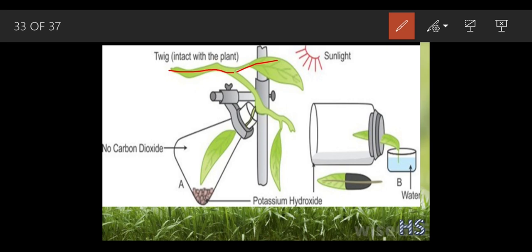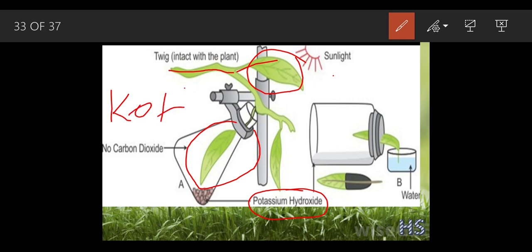See, one of the leaves, this part, I am exposing to the sunlight, and the second one I am also exposing to sunlight, but I have kept this in a conical flask, and this conical flask contains potassium hydroxide. What is the formula of potassium hydroxide? KOH. Why has it been placed in the potassium hydroxide? Because the property of KOH, that is potassium hydroxide, is to absorb the carbon dioxide.